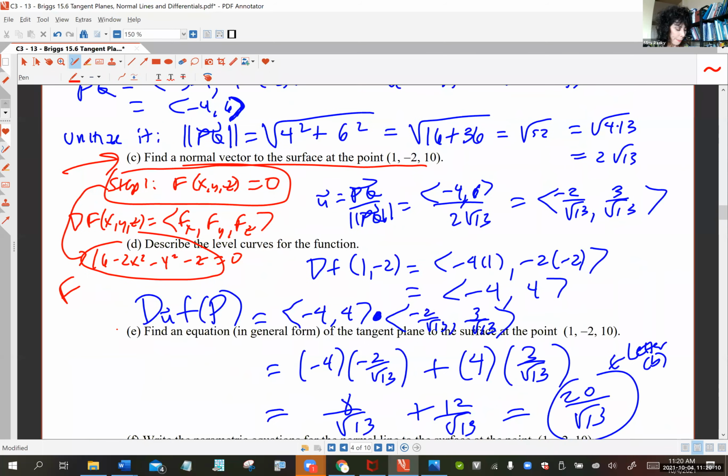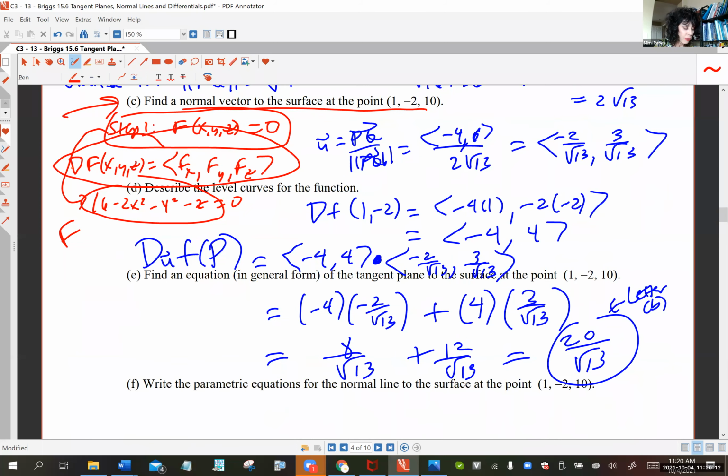Yep. So now I can go get the gradient of big F. That's big del F. So let's go ahead and get those partials. I get a negative 4x, negative 2y, and negative 1. And then to wrap up letter C, you simply evaluate it at the point given with coordinates 1, negative 2, 10.